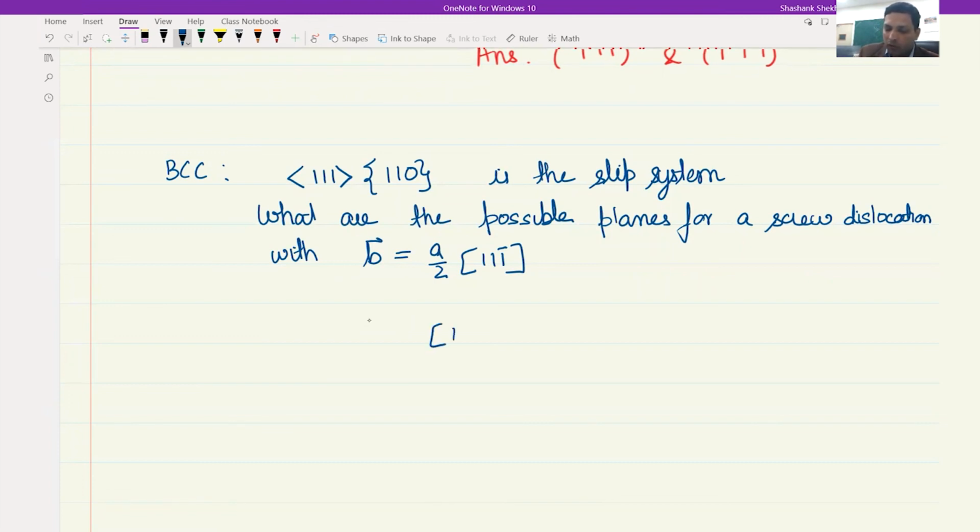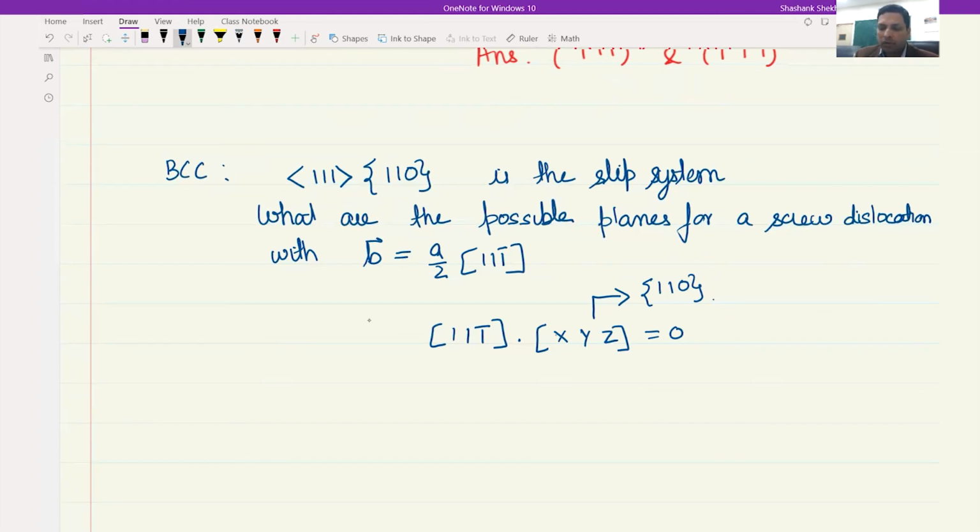So we know that 1 1 1 bar, and the slip plane is of the type 1 1 0. We don't know which one is 0, so we'll write again xyz is equal to 0. But then we know that this is from the family of 1 1 0, and again, there are not an infinite number of 1 1 0.